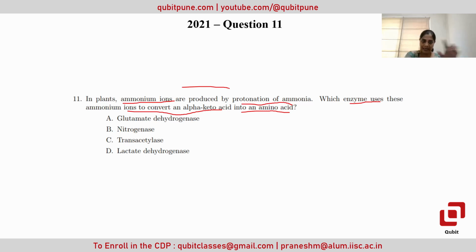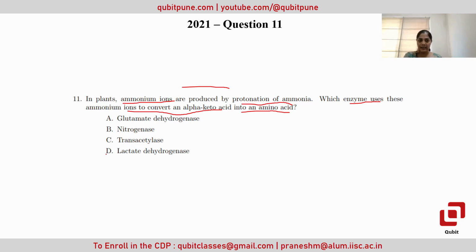So you can, by putting in the logic, if you don't know the exact answer, as I said earlier also, two options are there. If you know the exact answer, that is well and good. You can choose the option very easily. At least if you don't know the options, then at that time you have to use the strategy. If you don't know, definitely I can easily eliminate trans-acetylase and lactate dehydrogenase.